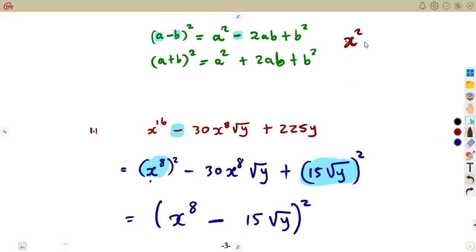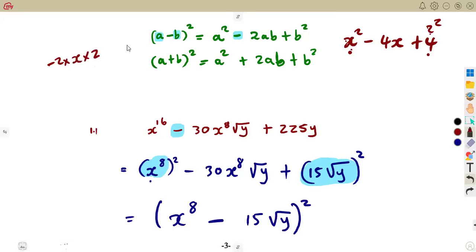You are given x squared minus 4x plus 4. It's a perfect square expression. Take a look at the first and the last. You can see that 4 is the same as 2 squared. So if you understand this, the product minus 2ab, this part here, if we say minus 2 times a times b, which is our a, in this case it's x, our b is what? Our b is 2.